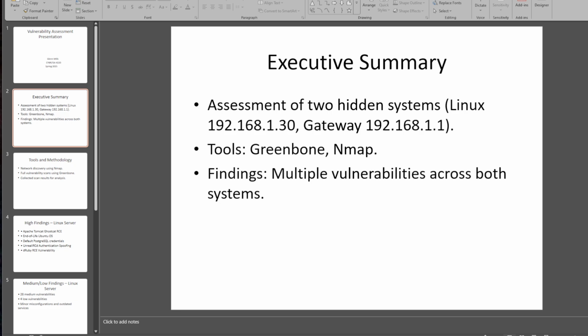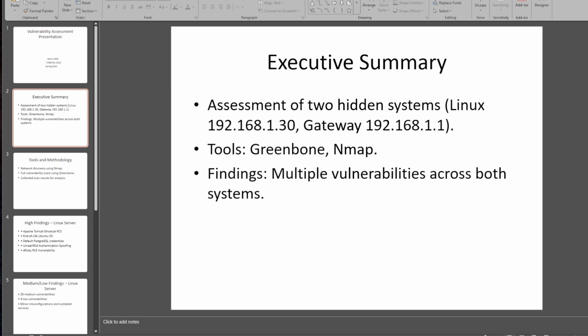The command I ran was sudo nmap -sS -O -p- 192.168.1.0/24, so I scanned the whole subnet, which was our whole subnet. And that took a few minutes to give the results.